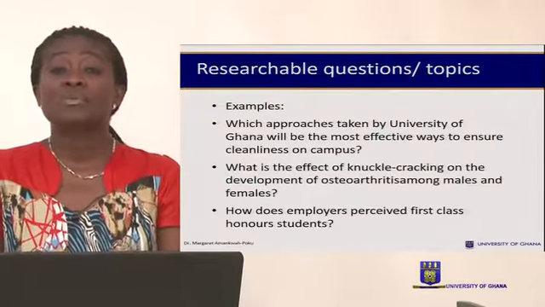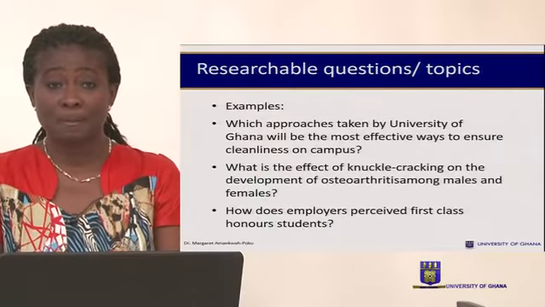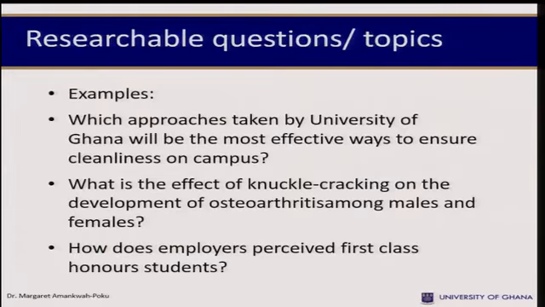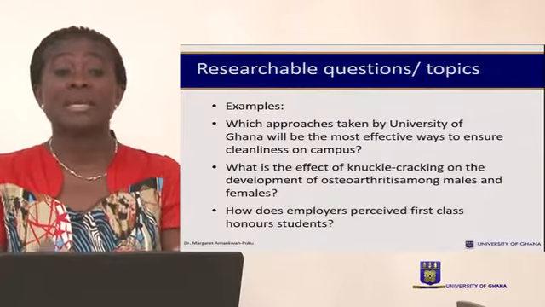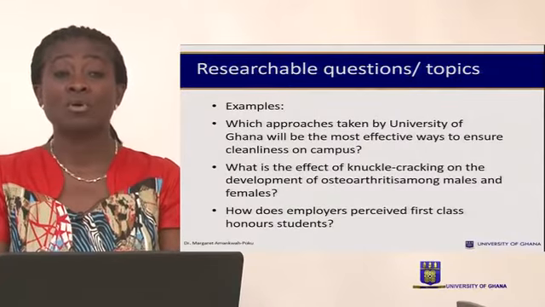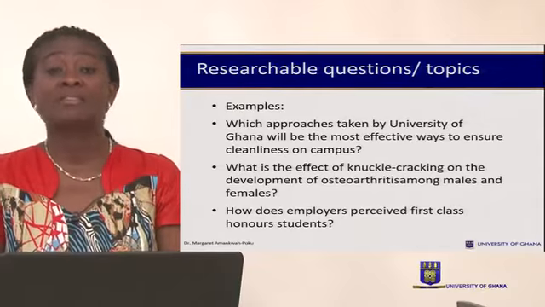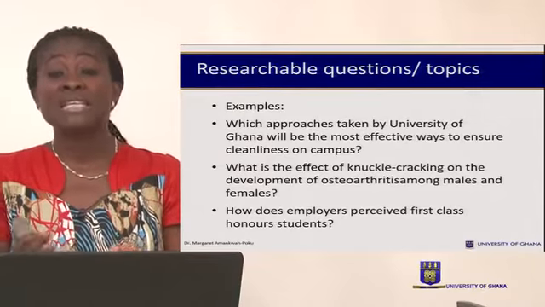So examples of researchable topics. For instance, you can have which approach taken by University of Ghana will be the most effective way of ensuring cleanliness on campus. So in this case, we can say that we are having a cleanliness competition and then get all the halls of residents involved and then give them some criteria they have to meet. At the end of the day, we can do that by having different criteria.